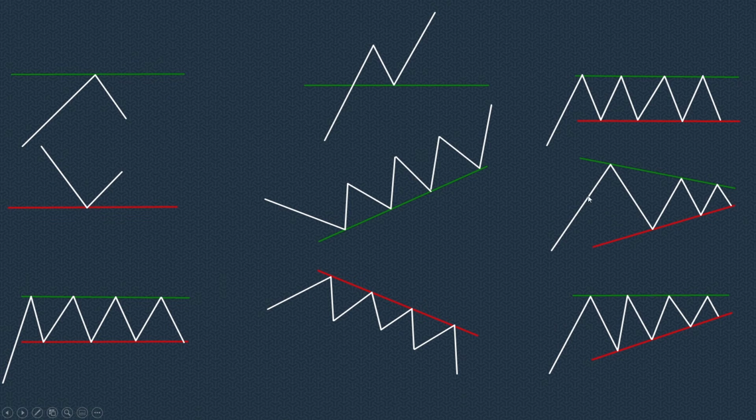If it is, it's very easy to find this triangle, so there is more possibility that the price will give a really good impulse one way or another. So here is our first formation, and this is flat.